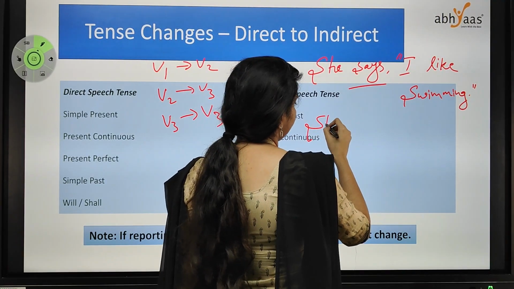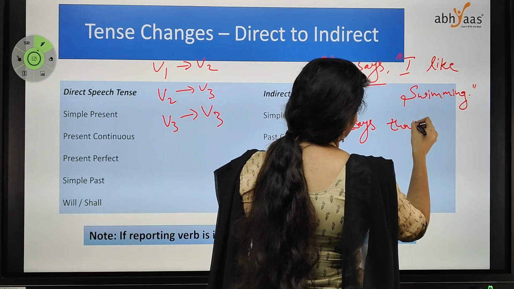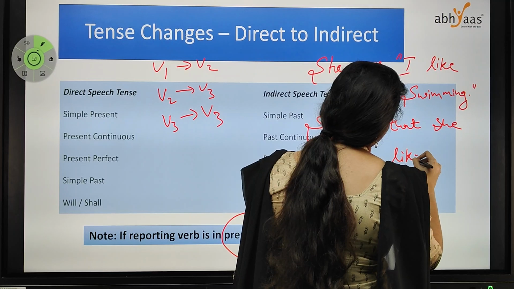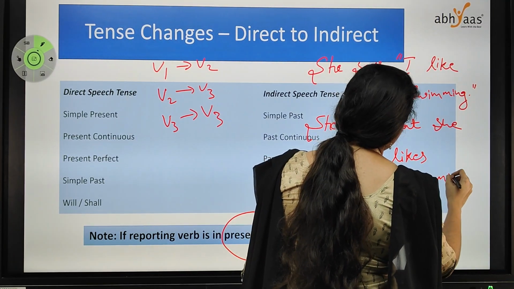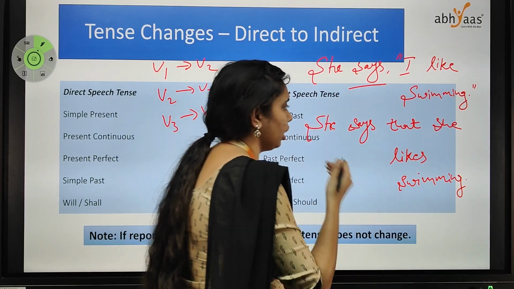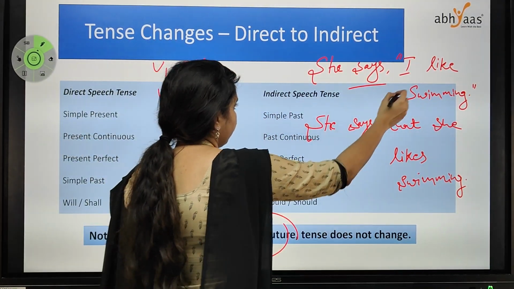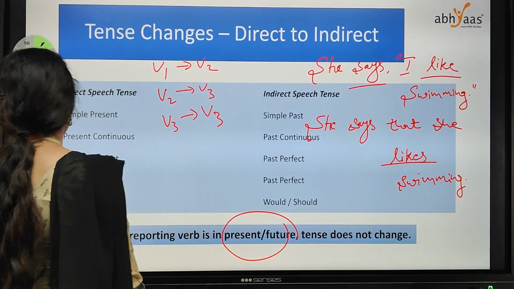It will become something like she says that she likes swimming. The pronouns and all would change, that is there, but the tense would not change. Okay, it's in V1 here, it remains in V1 in this reported speech also.